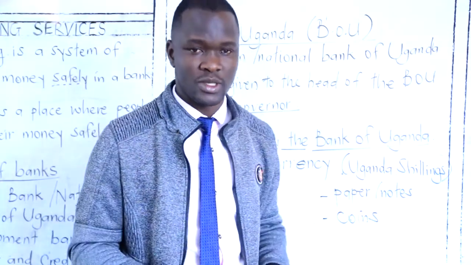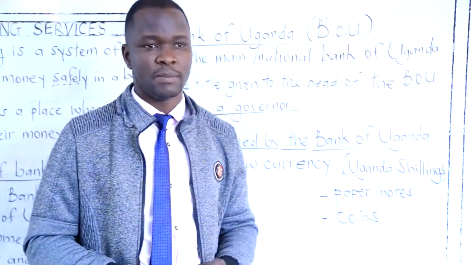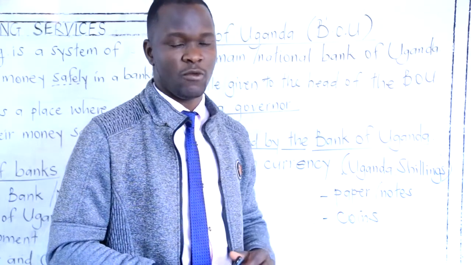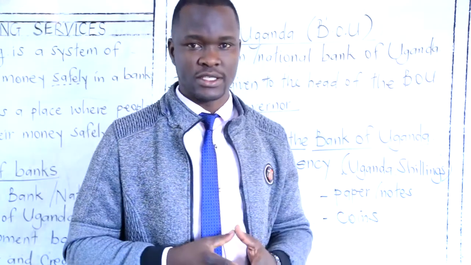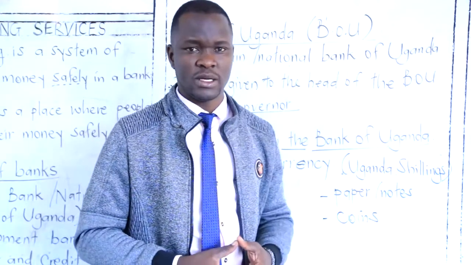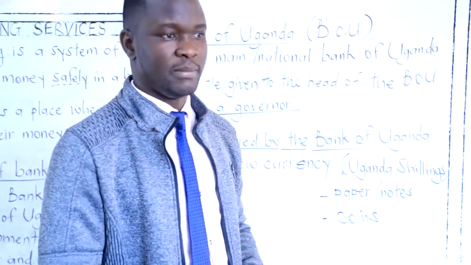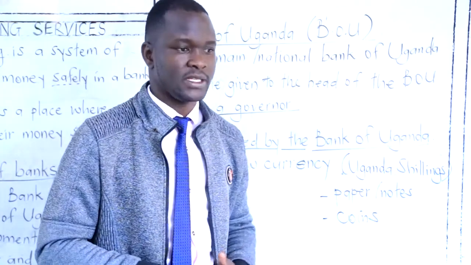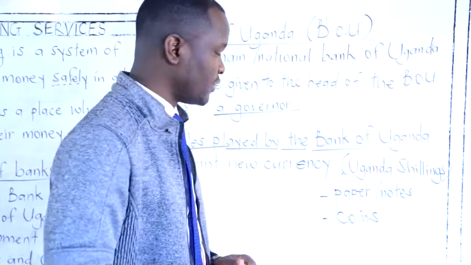There is no difference. Now, this money is supposed to be used as what we call legal tender, meaning a medium of exchange. If there is something you want to buy, you go with your money, give it to the person, and you get what you want. That's what we call a medium of exchange of goods.